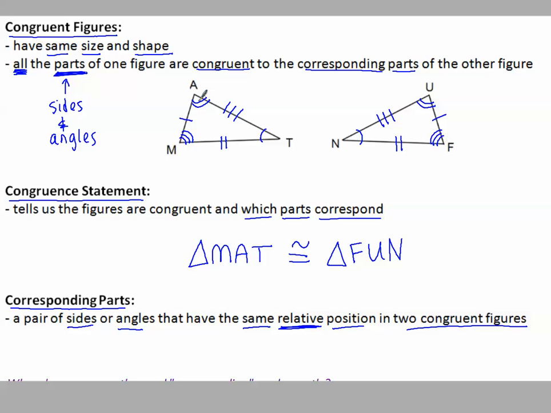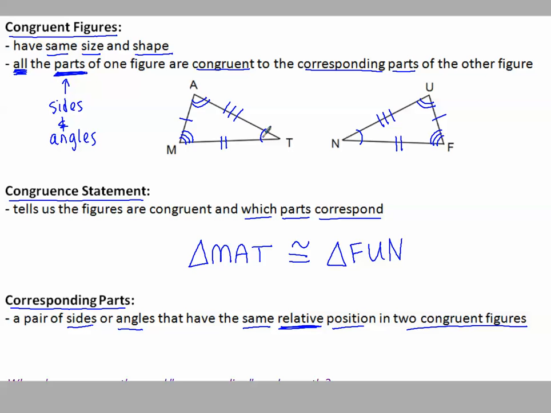So for example, the medium size angle and the large angle connect M to A, and that side has to be congruent to the side that's also connecting the medium size angle and the large size angle. So the figures you have to understand could be reflected, flipped over like these are, or could be rotated like you'll see in some pictures earlier.